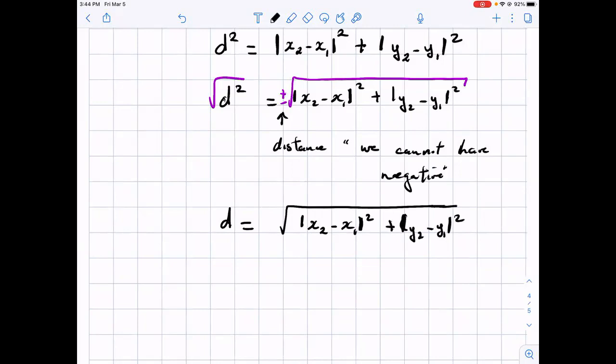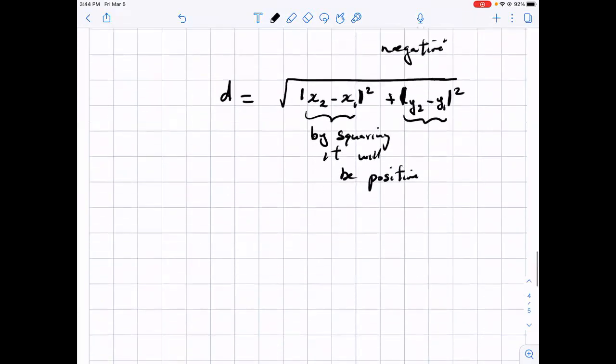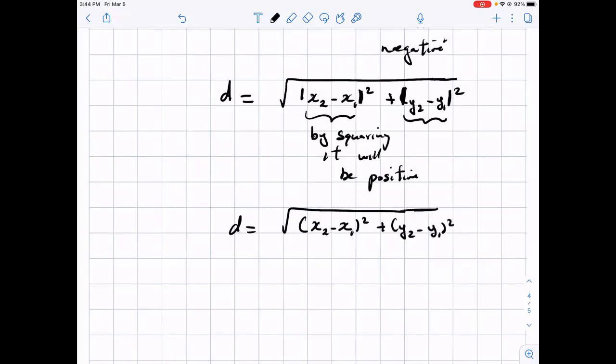But once again, the distance is going to be positive, and by squaring, it will be positive. So d is equal to the square root of (x2 minus x1) squared plus (y2 minus y1) squared.